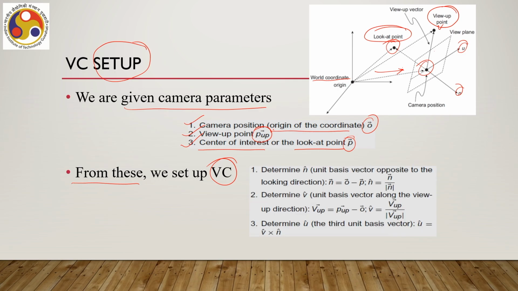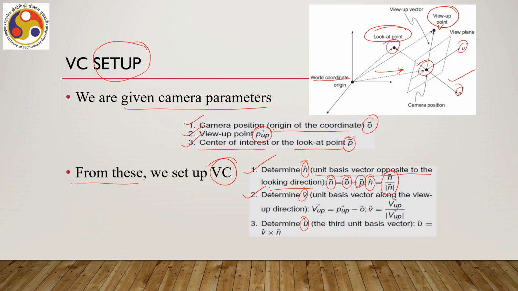So, we can simply say that to determine the view coordinate system, we need to determine the three orthogonal axes n, v and u. n is the unit basis vector opposite to the looking direction, can be obtained with respect to the origin vector and the look at point, and then the unit vector we can obtain by dividing by its magnitude. That is the first axis n.